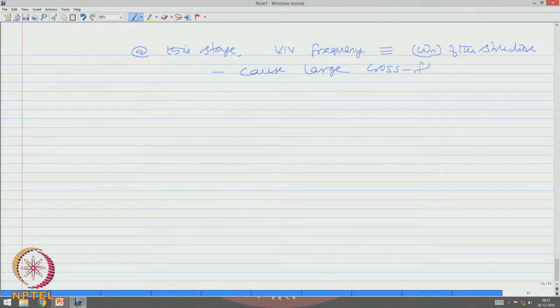At the lock-in phenomenon, at this stage, the vortex induced vibration frequency will be more or less closer to the natural frequency of the structure, which will cause large cross flow. So, that is another consequence we have.